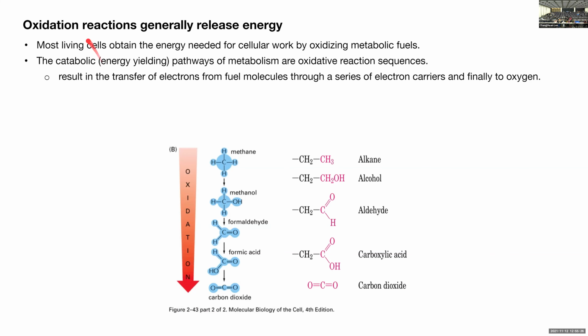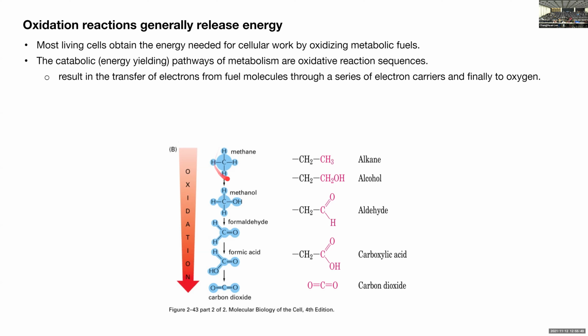And generally, oxidation reactions are accompanied by energy release. Most living cells obtain the energy needed for sustaining life, basically all the cellular work, by oxidizing metabolic fuels, like whatever you get from your diet.